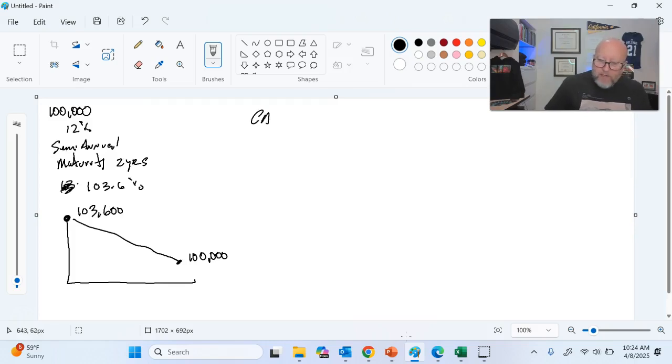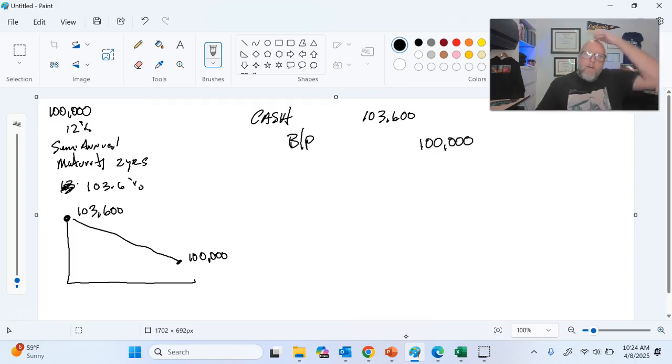The cash that we are going to get is 103,600. That is the issue price of the bond. And then we obviously have bond payable, and that's always going to be the par value or the face value. And now we have a bond premium. We actually borrowed 103,600, and if somebody wanted their money back immediately, we would pay them 103,600, not the face value.